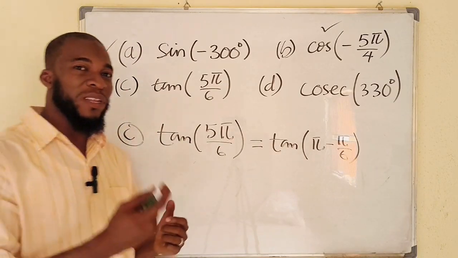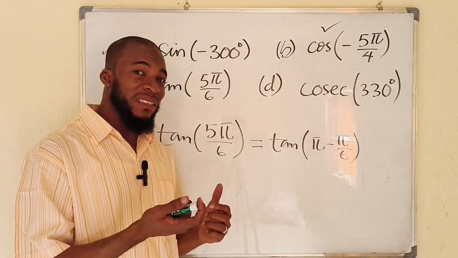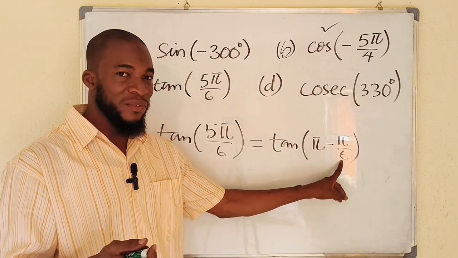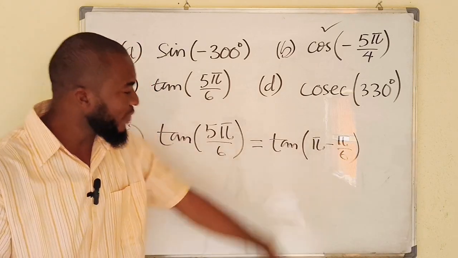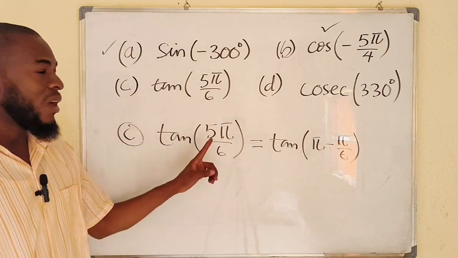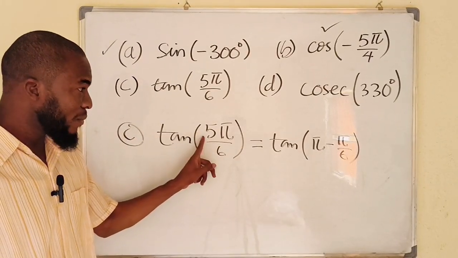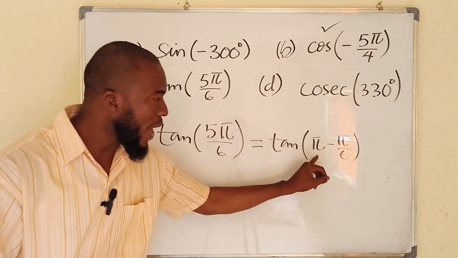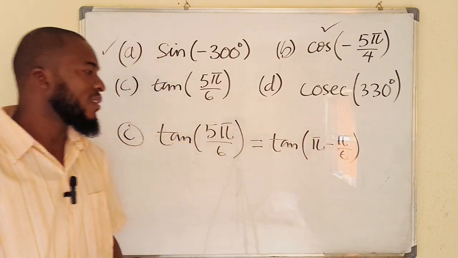So once you take 180 minus 30 degrees, it will give us 150. This is 180, this is 30 degrees. Another way you can find this reference angle is to take pi minus this. Pi minus this will give us pi divided by 6. So it will be pi minus pi divided by 6.